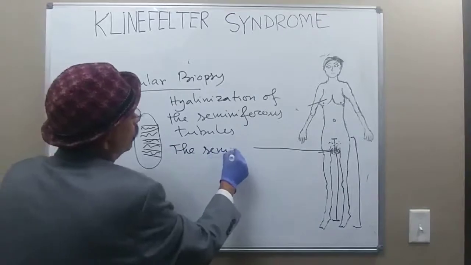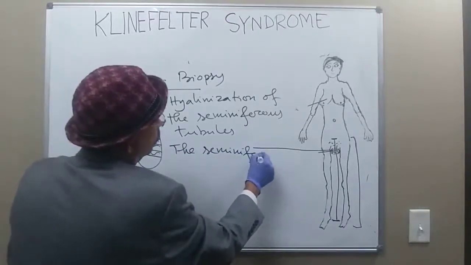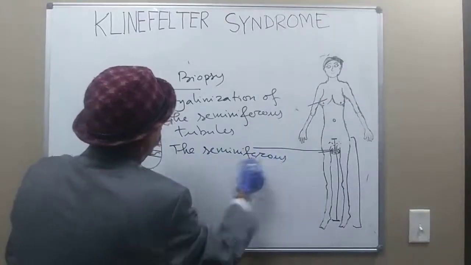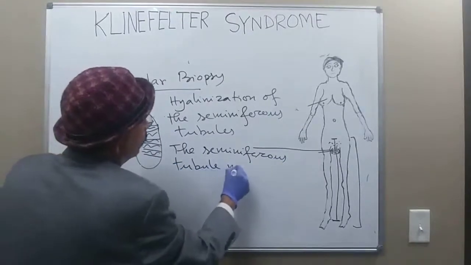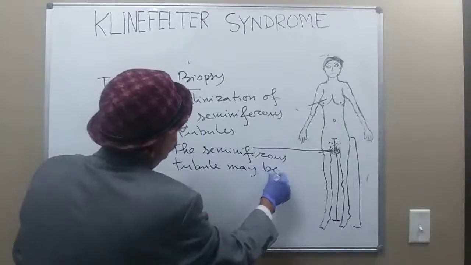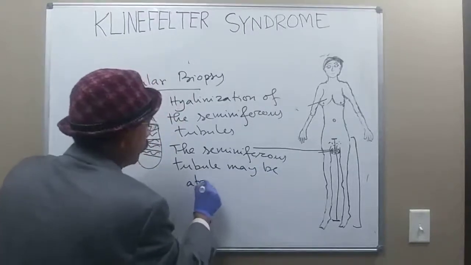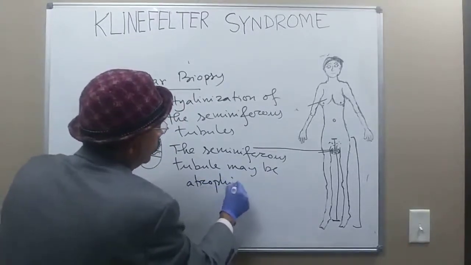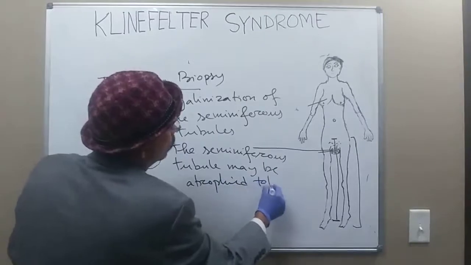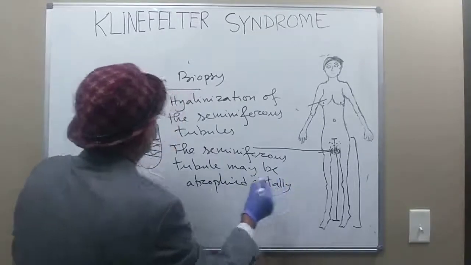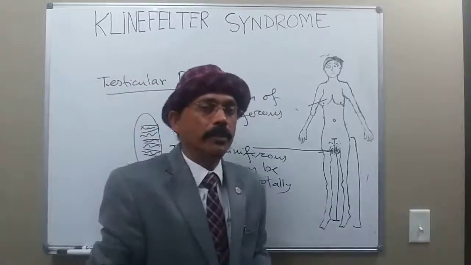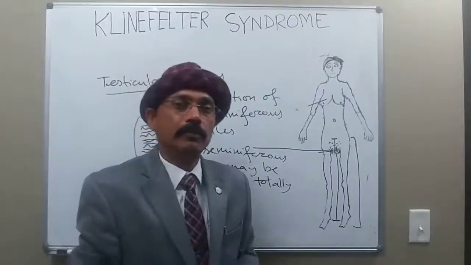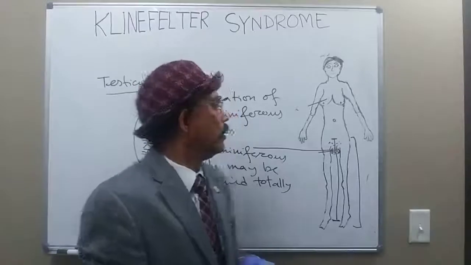The seminiferous tubule may be atrophied totally, or partially. The Leydig cell may be prominent, but its function is not normal.